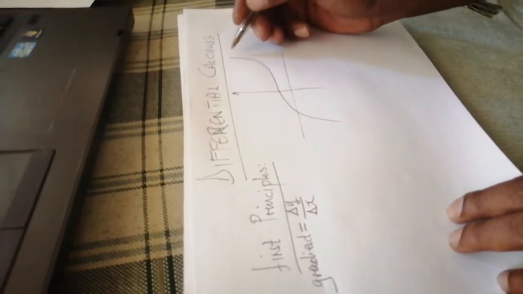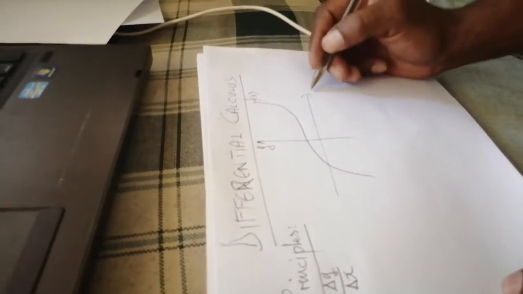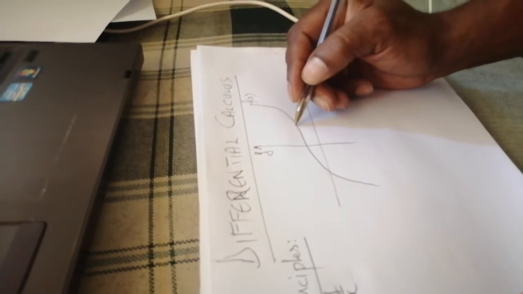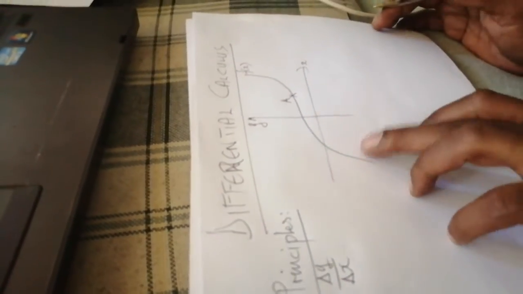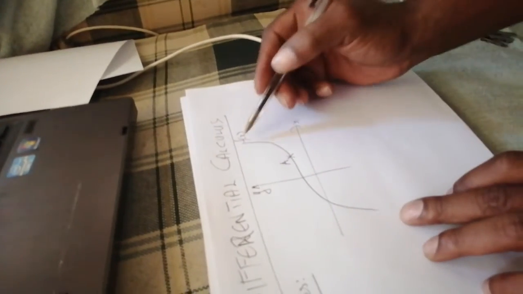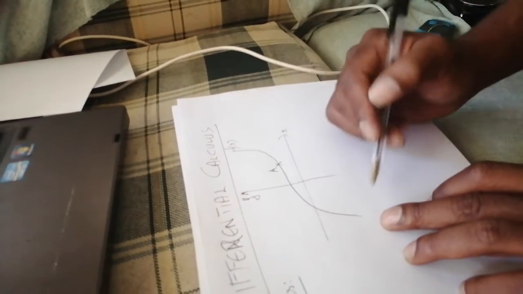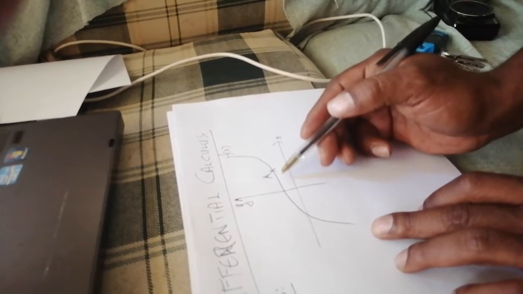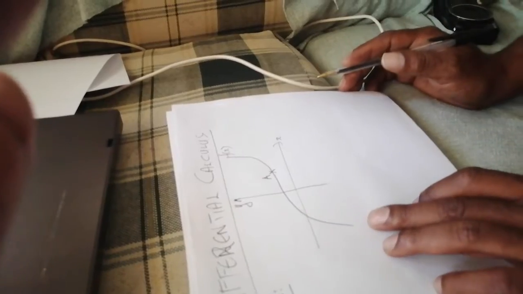Now, I have a function here which I've called f of x. And the whole idea is to find the gradient at this particular point here, A. We know that since this is a curve, the gradient along the curve is not going to be constant because the tangent lines will change as you move on the curve.